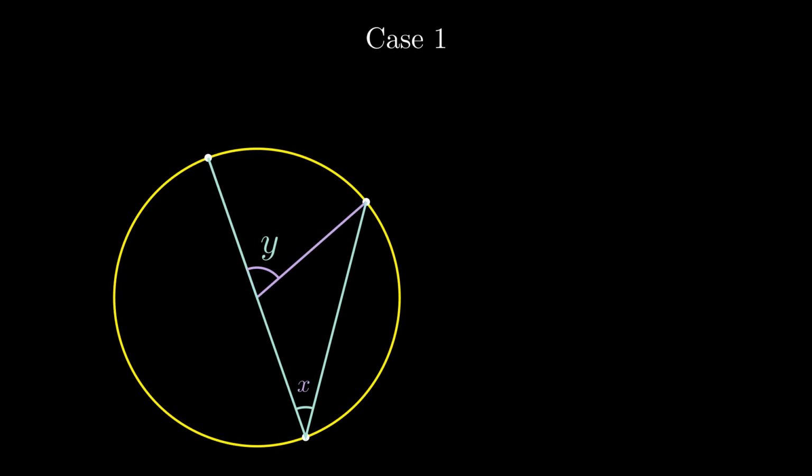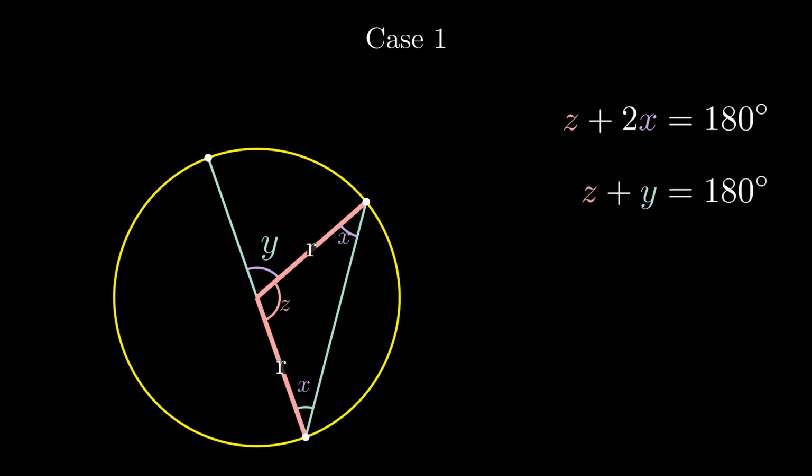Alright, starting off with the first case, we can notice that both of these segments have length r, being radii of the circle. Therefore, the triangle that they form is isosceles, and therefore this angle will be equal to x as well. We can denote the other angle of this triangle with z, and notice that x plus z plus another x is equal to 180 degrees, because the sum of the angles in a triangle is always equal to 180.